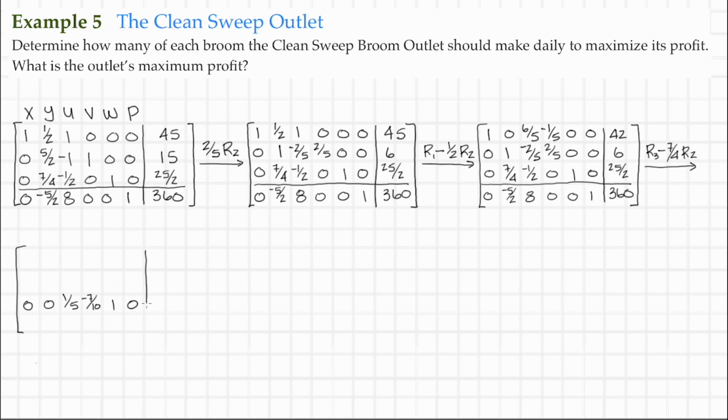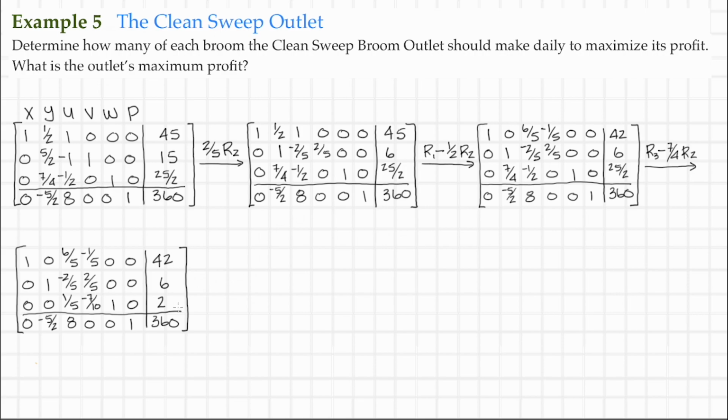Bring down the vertical line. 6 times 7/4, that's 21 halves. And 25 halves minus 21 halves is 2. Close off our bracket and fill in the rest. Put in our horizontal line.